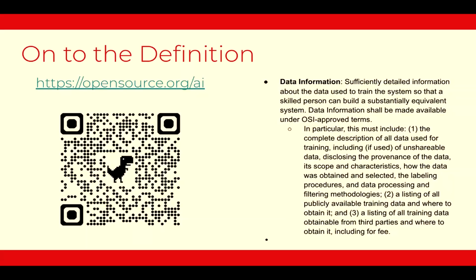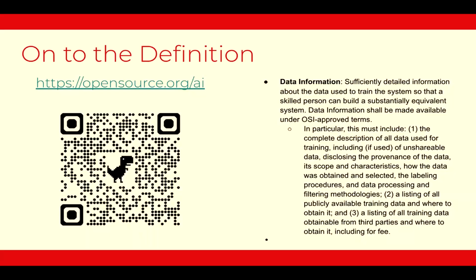The particulars are kind of interesting too, because what it's asking for is a complete description of all the data used for training, right? Including unshareable data, the provenance of the data, scope and characteristics, how the data was obtained and selected. So all the things you would need to know, but notice that you're not required to actually give out all of the data.